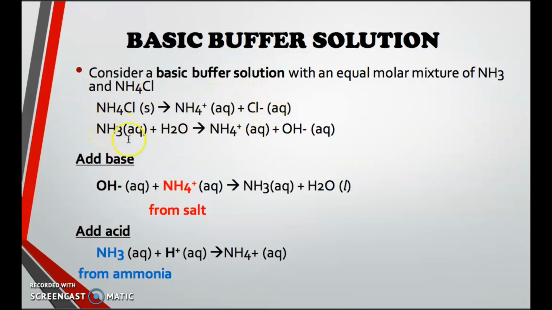The ammonia reacts with water to produce the ammonium ion and hydroxide ion. When we add base, the hydroxide ion here reacts with the ammonium ion from the salt and produces ammonia and water. When you add acid, the ammonia reacts with the hydrogen ion to form ammonium ion.